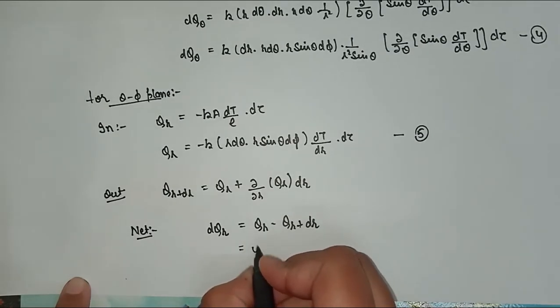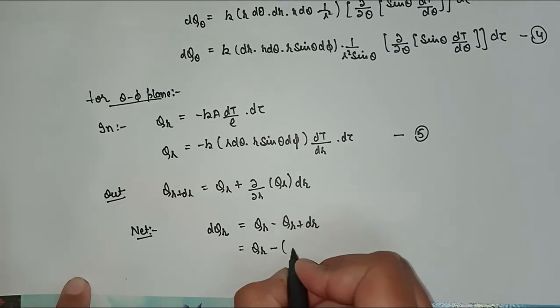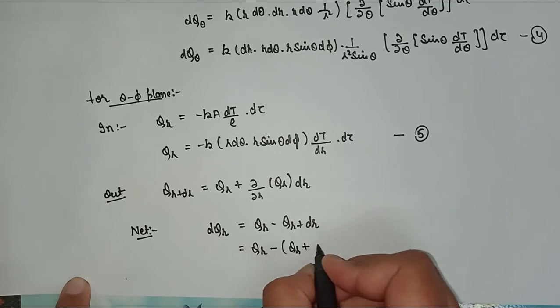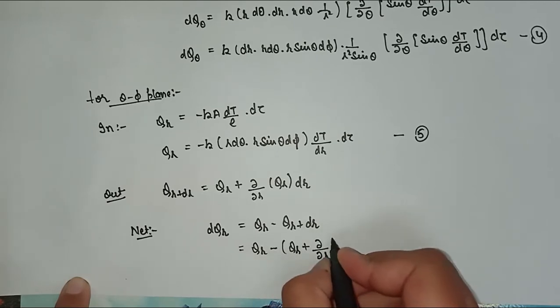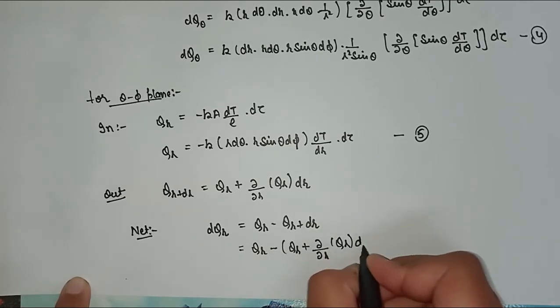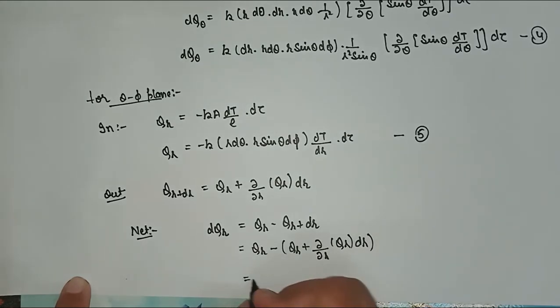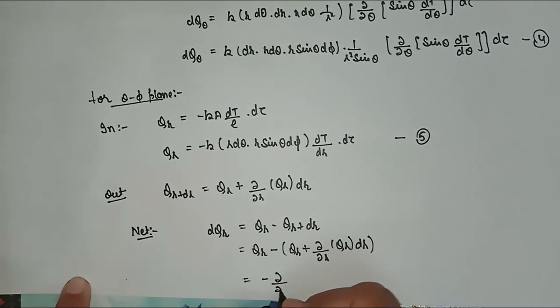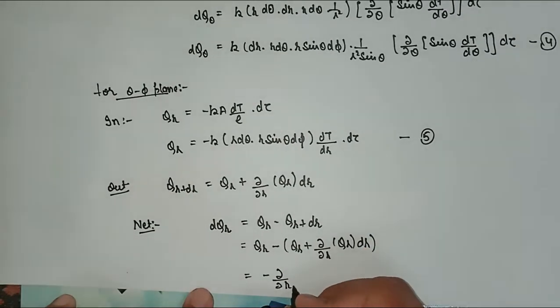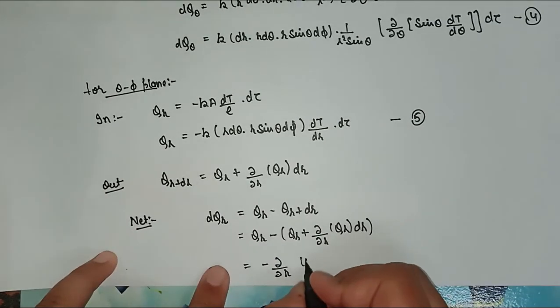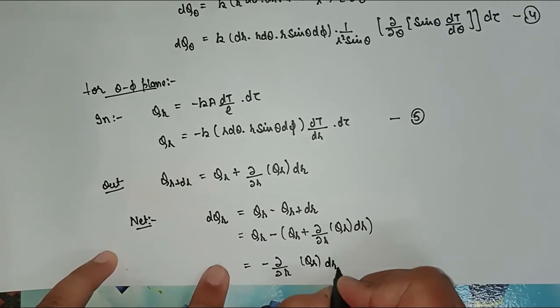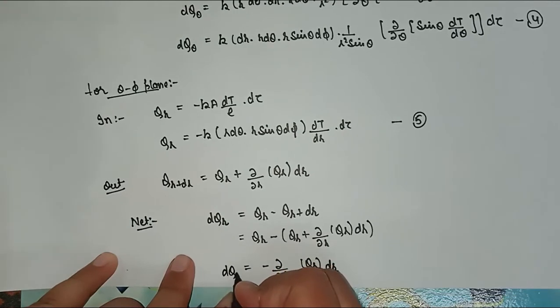Substituting the value of Qr+dr, we will get dQr equals negative ∂Qr/∂r into dr.